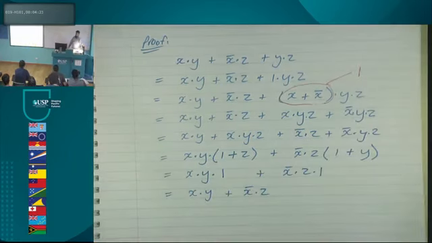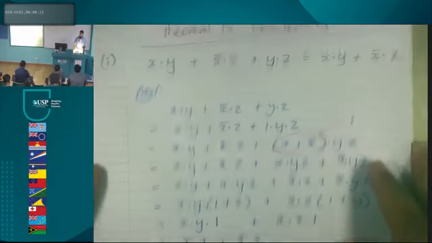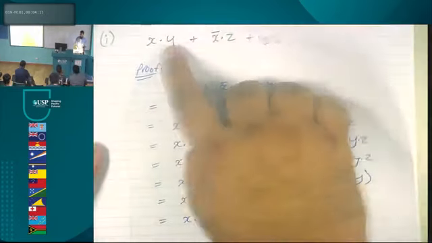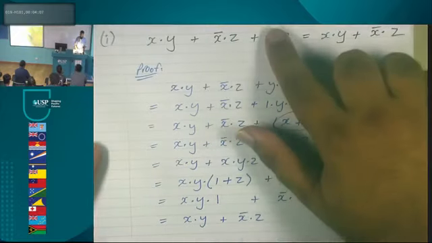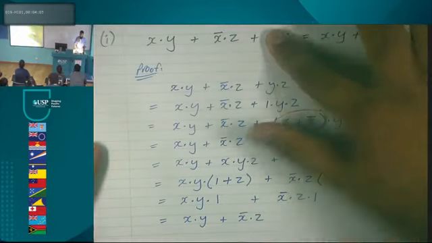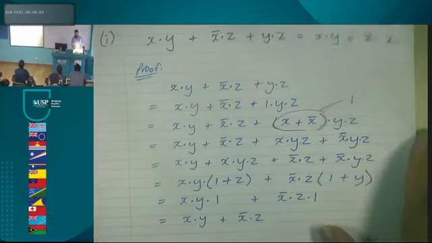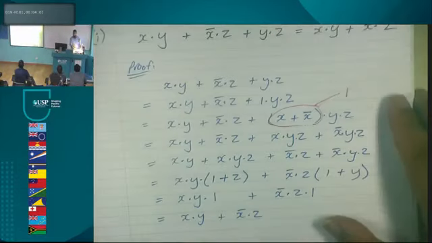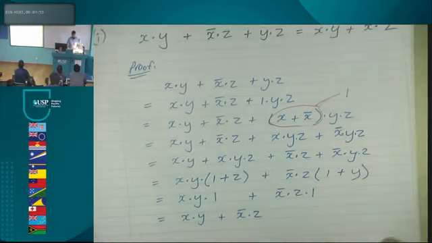That's our answer. And we have proven this is consensus. So in consensus, what happens is that one particular term falls off. Can you see? One of the terms fell off. And you ended up with just the first two terms. Right? But it's got to be the right combination. Okay?